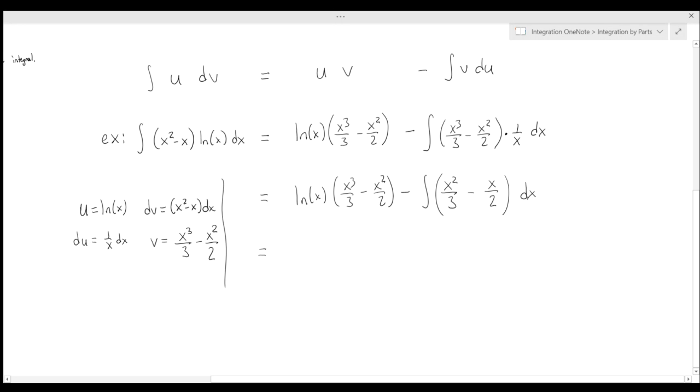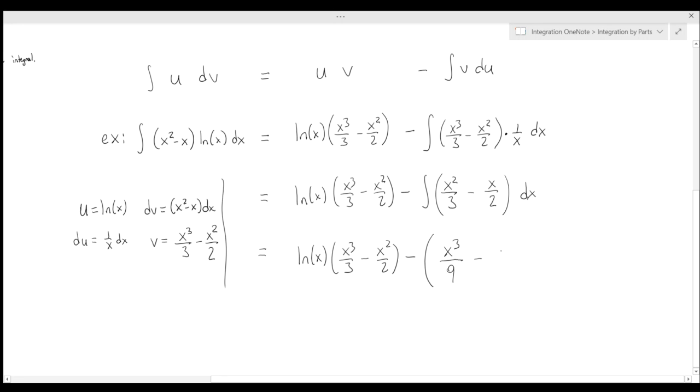Now from here, we can evaluate that integral by using the power rule. So let's see here, x squared over 3 is going to become x cubed, and then over 3 times 3 will be 9.